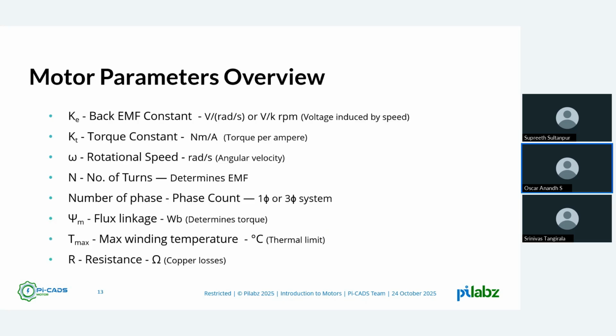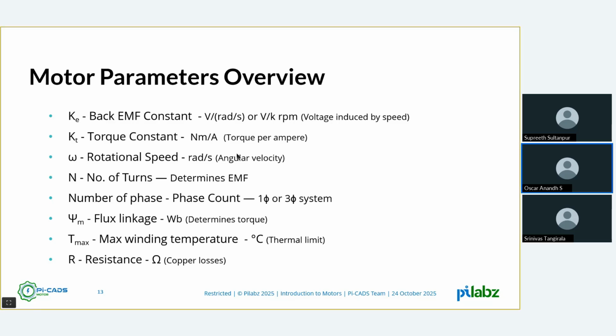When studying motors, several key parameters define how the motor performs. I have listed some of them. Let's understand them one by one. KE, KT, as we already discussed. I will give one line on what KE and KT are. How much voltage the motor generates when it spins is the KE.